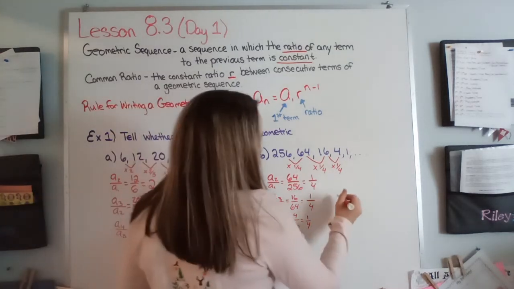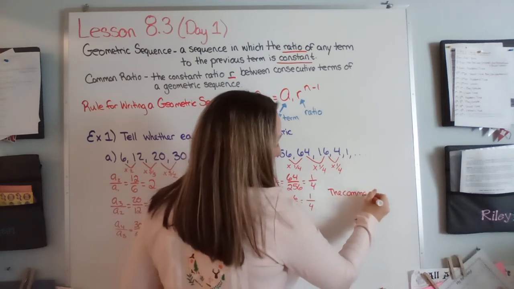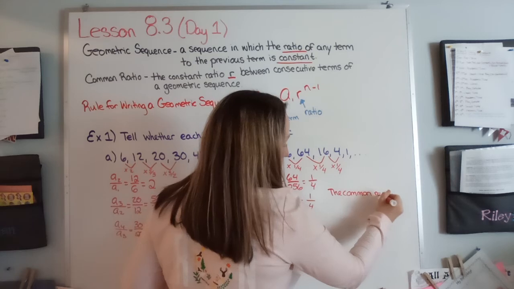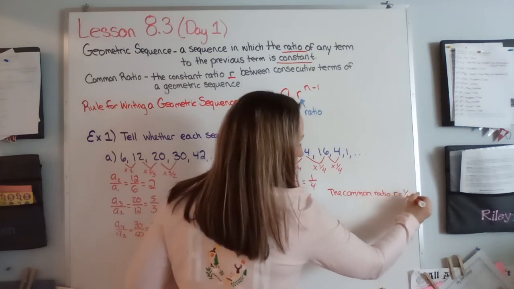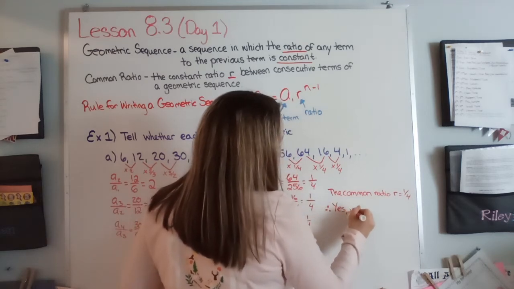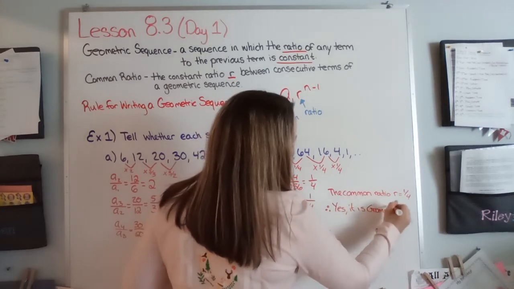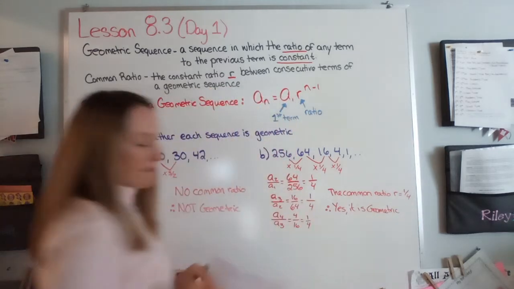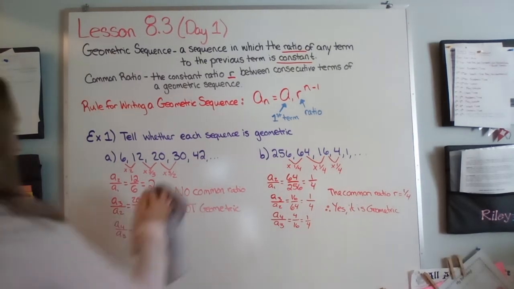So for this one, the common ratio r is equal to 1/4. Therefore, yes, it is geometric. Okay, so that is how you determine whether or not a given sequence is geometric or not. All right, let's move on to the next problem.